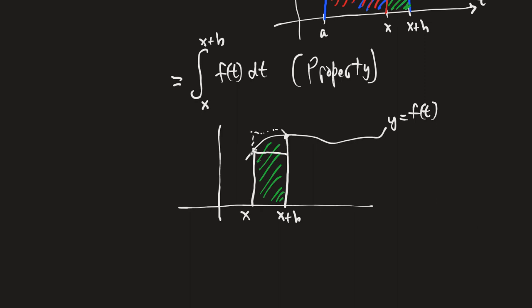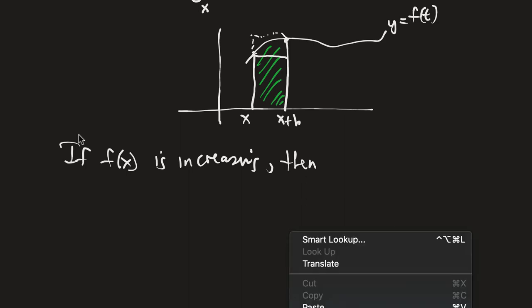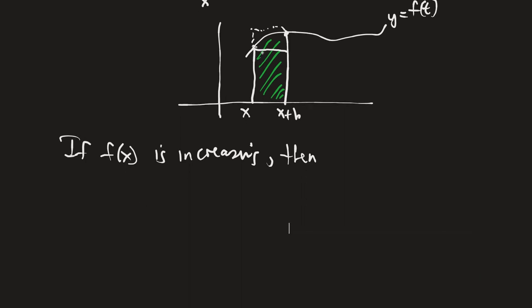So for that to be true, we're going to assume that the function is increasing. Now if the function is decreasing, you switch the logic, right? But so if f of x is increasing, then, the area of the small rectangle is f of x times h.